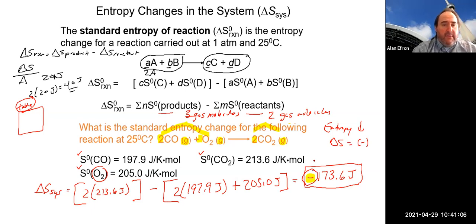So you actually can look at the reaction that you're dealing with, and based on gas molecules, if they're involved, if you end up with more gas molecules than you started with, you would increase the entropy, and it should be a positive value in your calculation. If you are in a situation like this one, going from more gas molecules to fewer gas molecules, then again you would expect the entropy value to decrease and become more negative, like we see here.